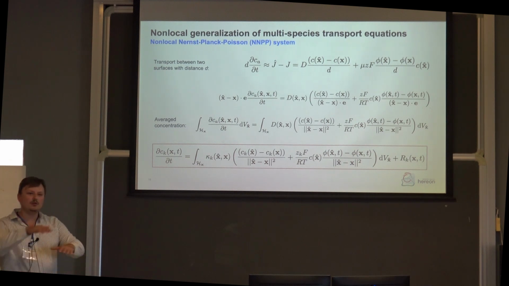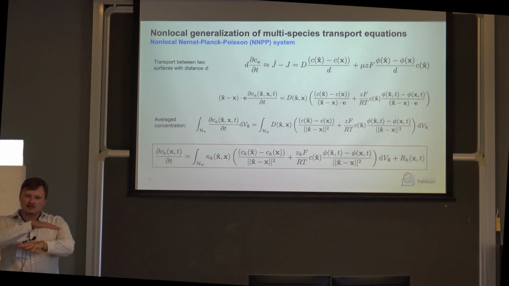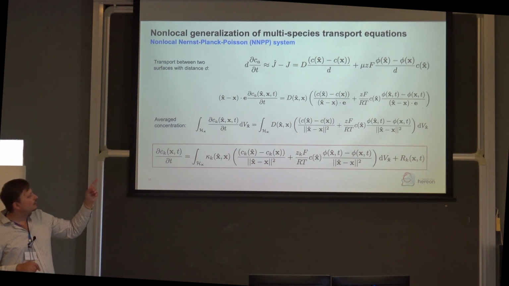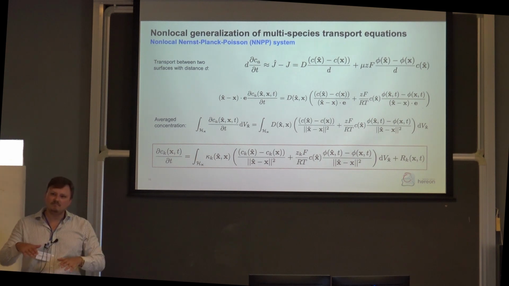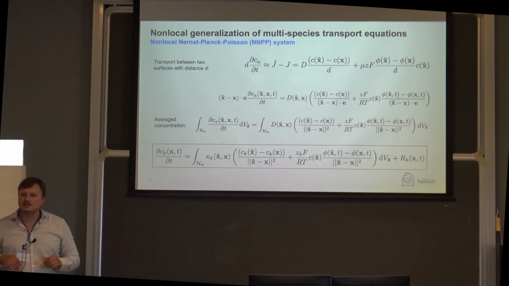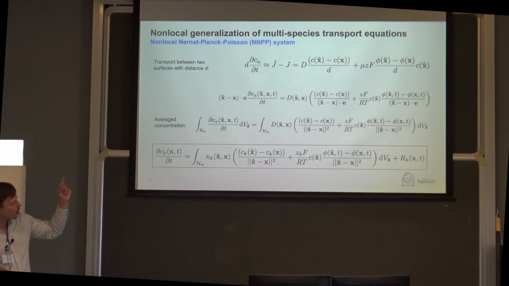So the idea is that we are considering two infinitely long surfaces at a distance of d, so they have a finite distance between each other. We not only consider two different temperatures or concentrations on these surfaces, but we also consider two different potentials, a potential difference between those two surfaces.